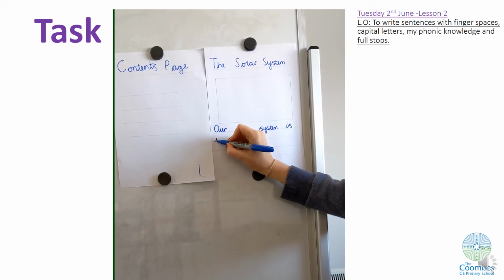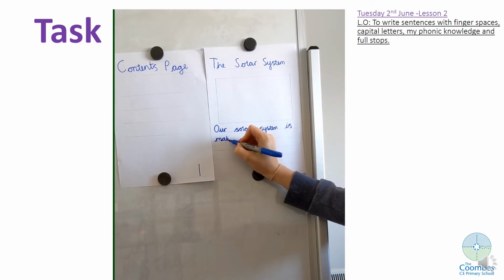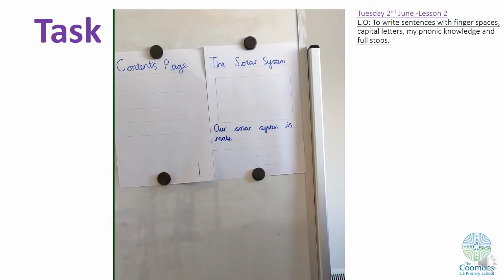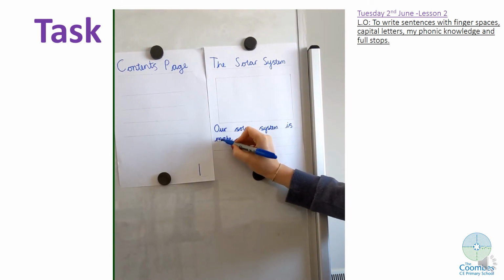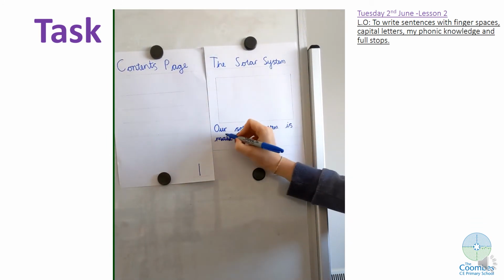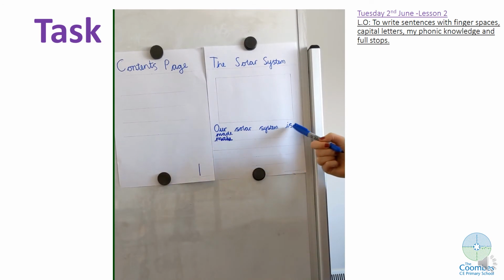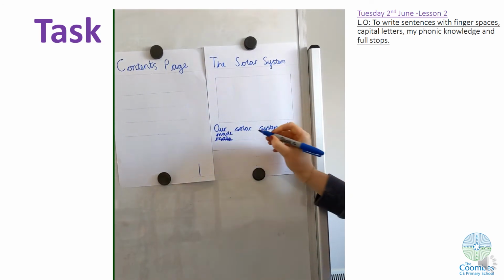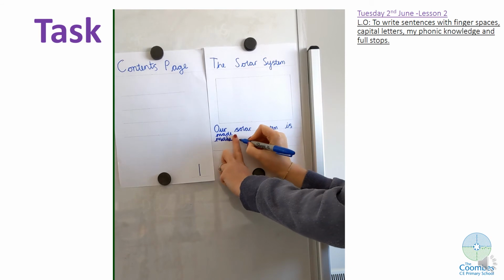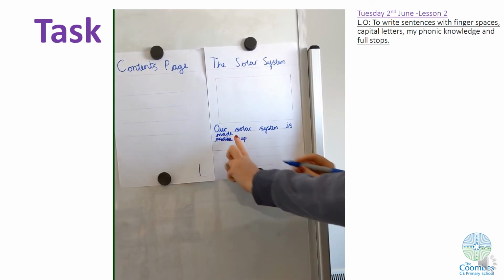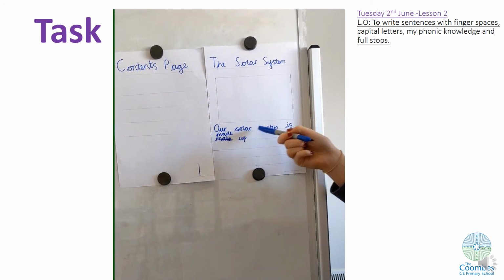So I need the and then A, and because it's the A, make a cake, I need that. But I've just realised that I've written make instead of made. So I'm going to cross that out, and just over the top I'll write made. Our solar system is made up. Let's check that again. So our solar system is made up.